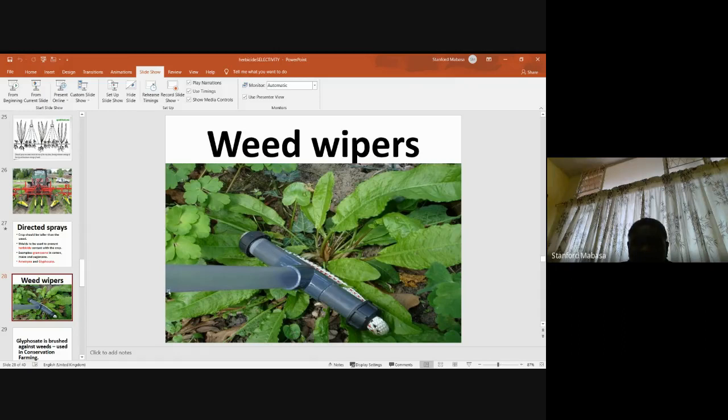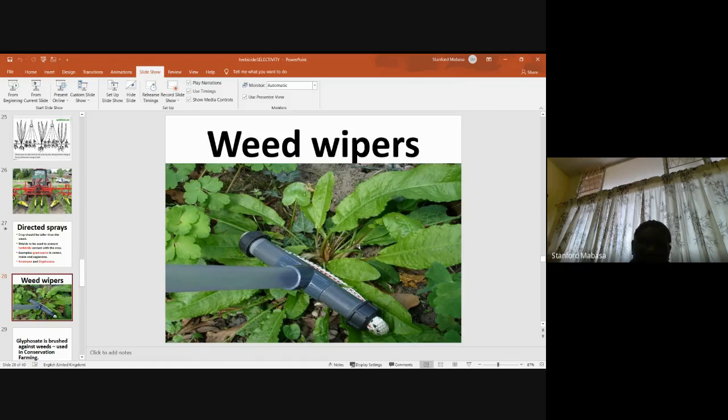The herbicide will travel through the pipe, then it follows this piece of cloth or a string or a rope. Now you can simply rub the herbicide on the weeds, or you are just wiping the herbicide on the weed.